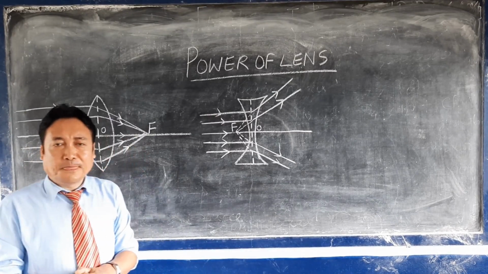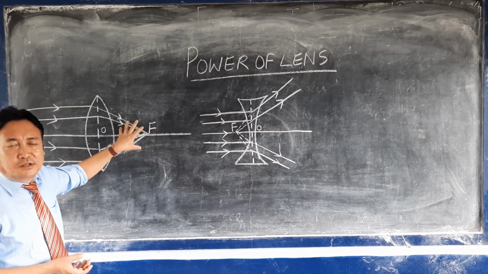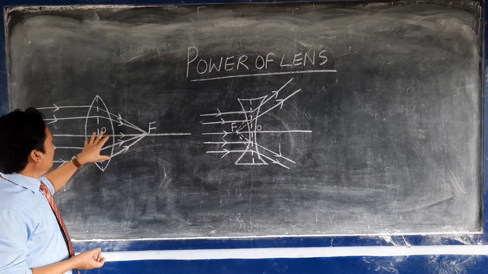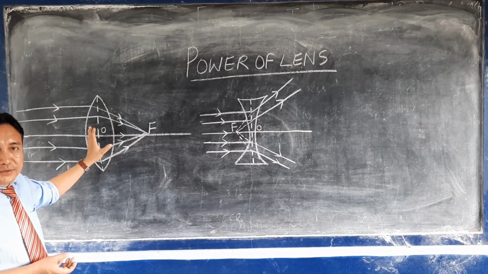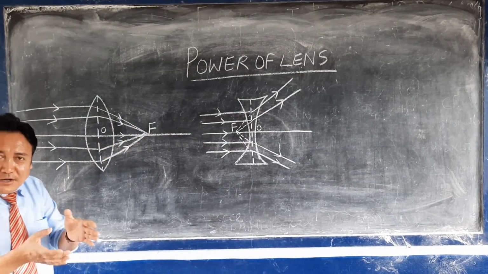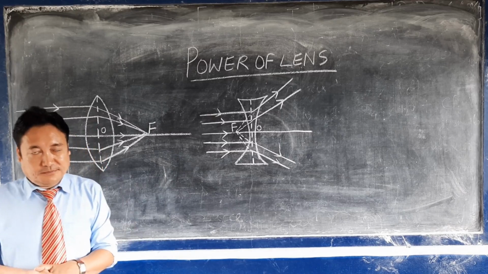When the beam of light falls on the focus, closer to the optical center, that distance we call the focal length. So power of lens is related with the focal length.